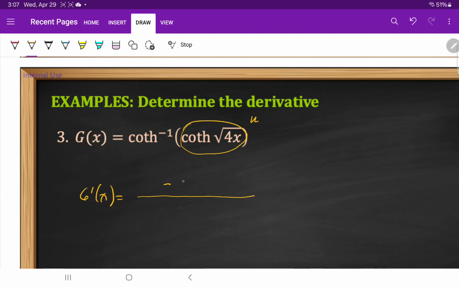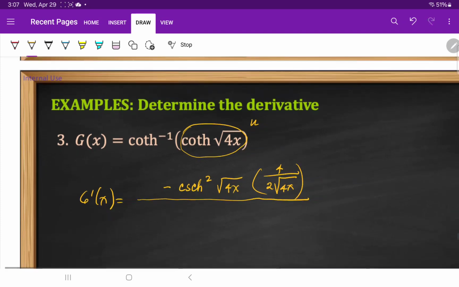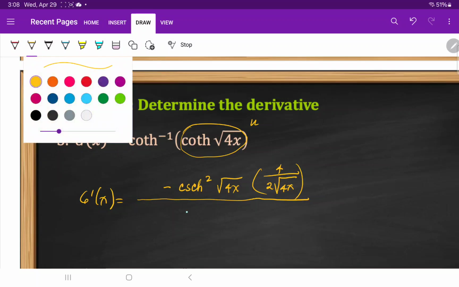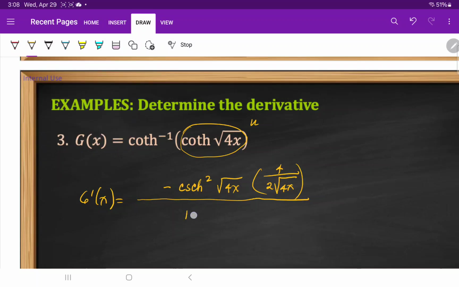Negative hyperbolic cosecant squared of the square root of 4x times the derivative of the square root of 4x, which is 4 over 2 square root of 4x. Then over what? So this is your du, the derivative of u, over 1 minus u squared. So 1 minus, what is your u?